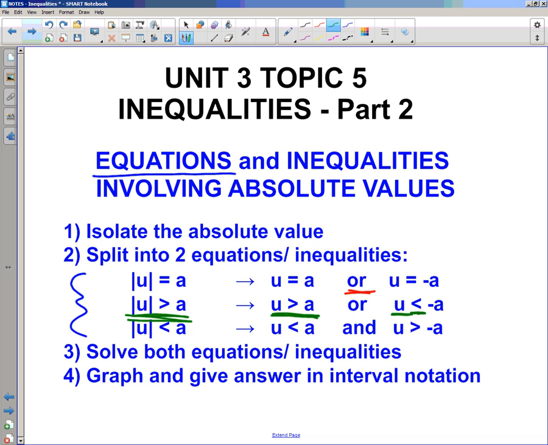We flip the sign. Remember, it was a greater than over here, and now it's turned into a less than. And we change the positive a to a negative a. So it's the same thing that we did before. It's still that keep, flip, change thing, or some people do drop, flip, switch. Same idea. The only difference here is, what do we throw in between those 2 inequalities? Is it an and or an or?